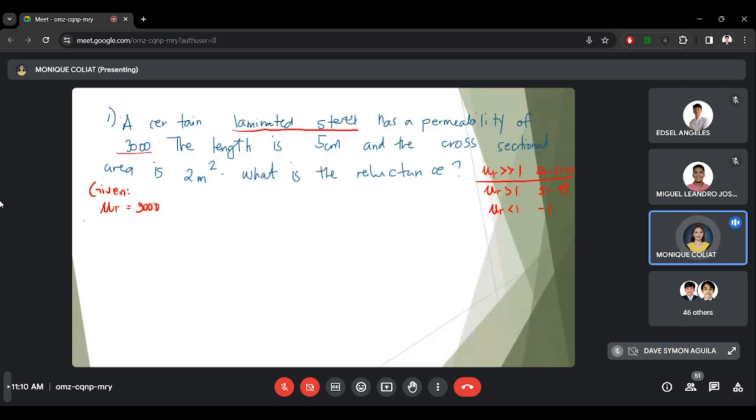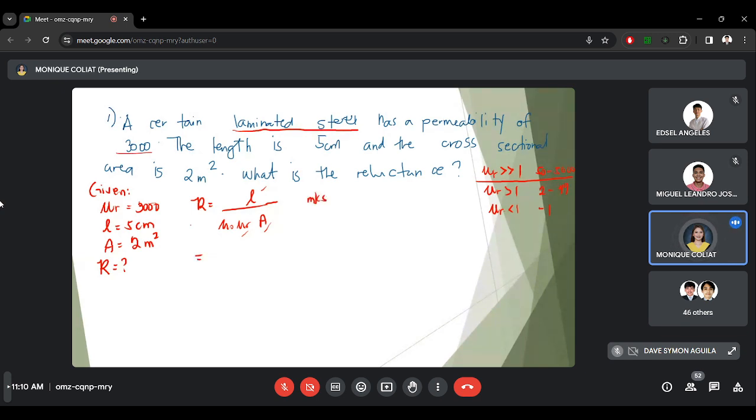Next, the length of the material is 5 centimeters. The cross-sectional area is 2 square meters. What is your reluctance? Based on the formulas, reluctance equals L over mu O mu R A. We have the length, the relative permeability, and the area. The absolute permeability is a constant, so we will use MKS.